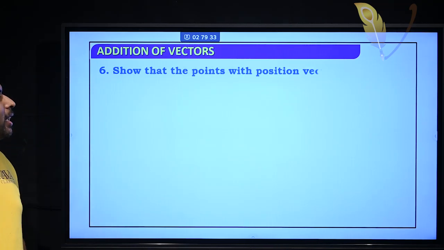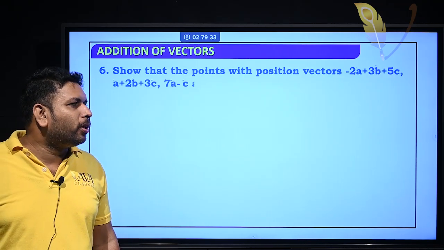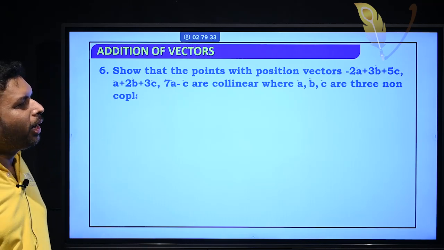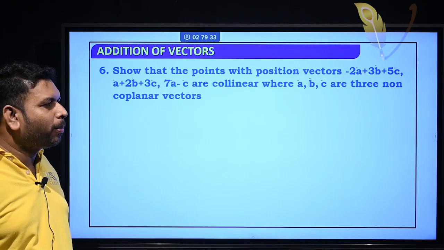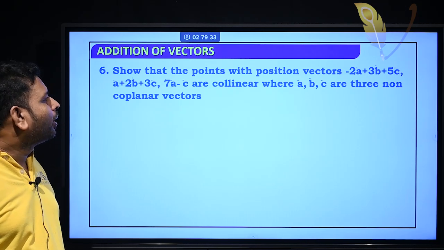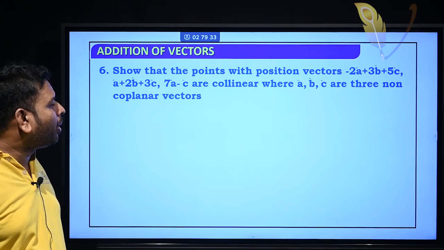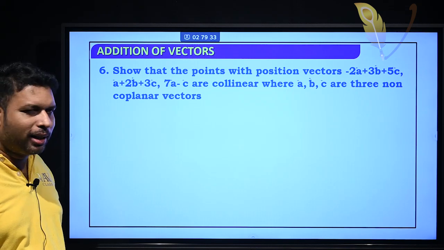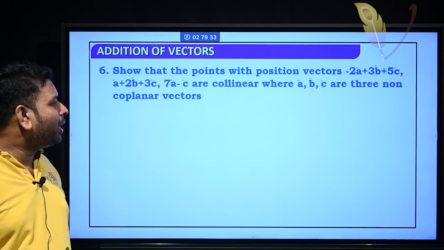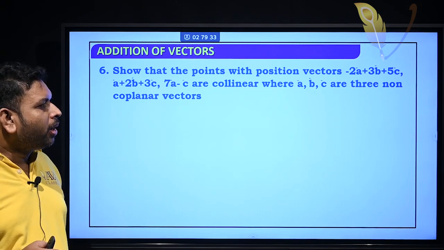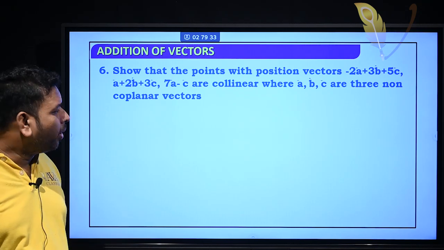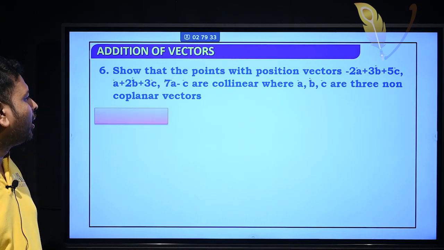Now question number 6. Show that the points with position vectors minus 2a bar plus 3b bar plus 5c bar, minus a bar plus 2b bar plus 3c bar, here it is bar not a cap, and 7a bar minus c bar are collinear, where a, b, c are three non-coplanar vectors.